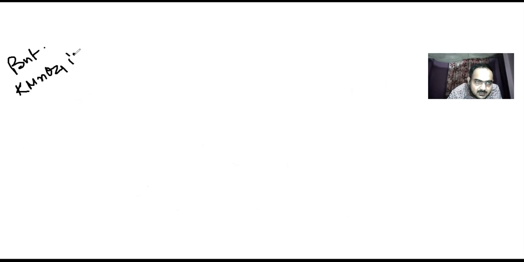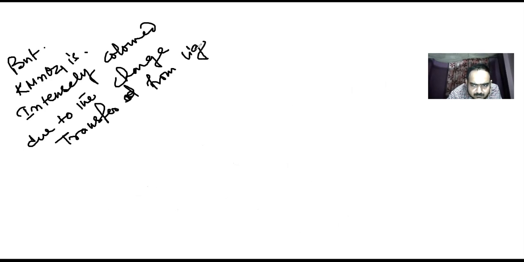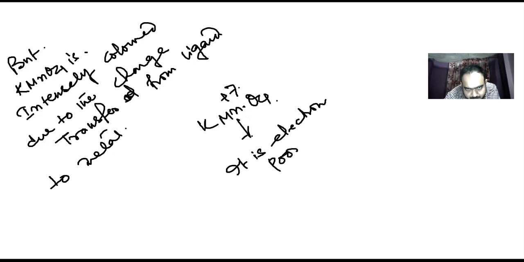KMnO4 is intensely colored due to the charge transfer from ligand to metal. Because you can see here, in case of KMnO4, the manganese is in the +7 oxidation state. That means it is electron poor. And oxygen is in the -2 oxidation state.